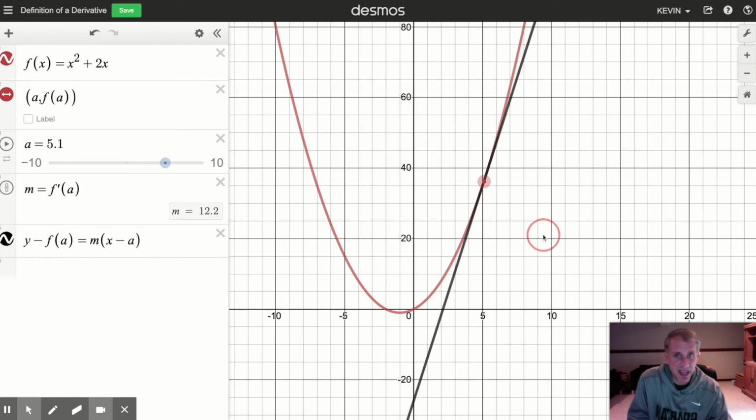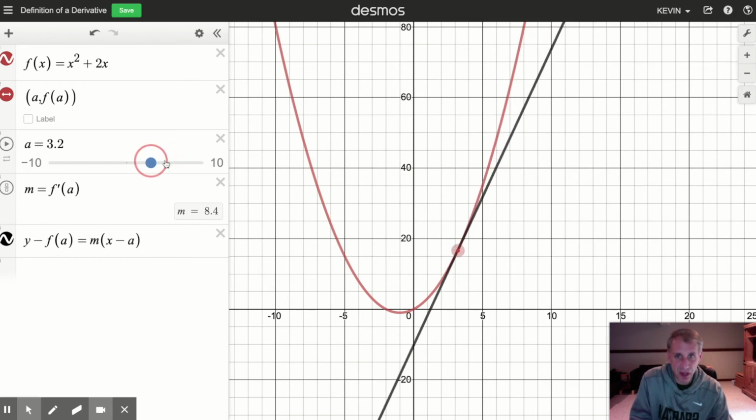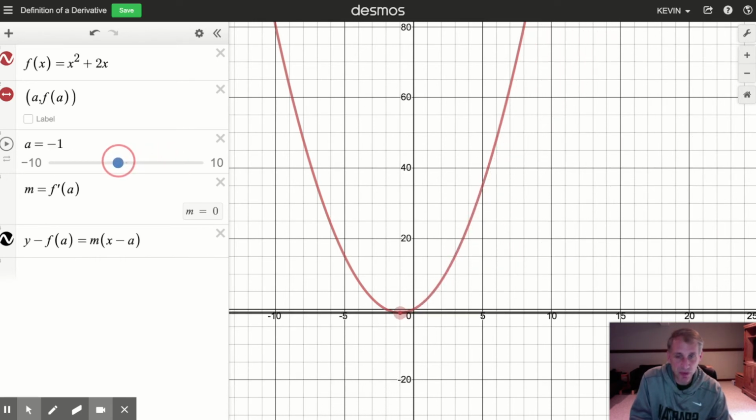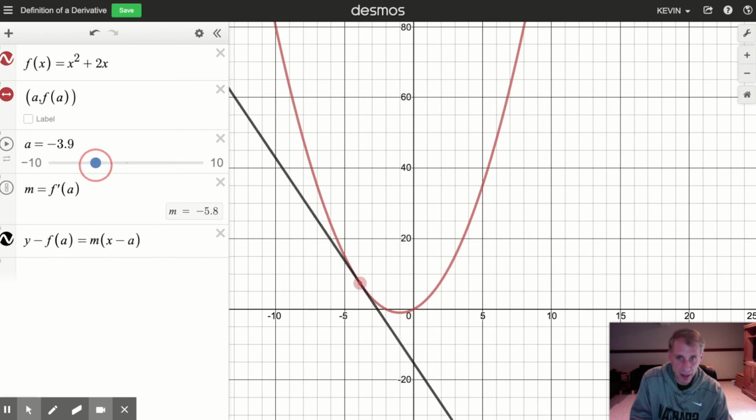And so this is getting us a tangent line to the curve at any value of a. And as we move this slider along, you can see that the tangent line moves with the point.